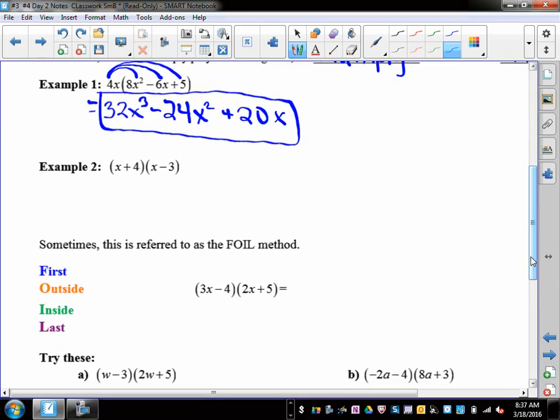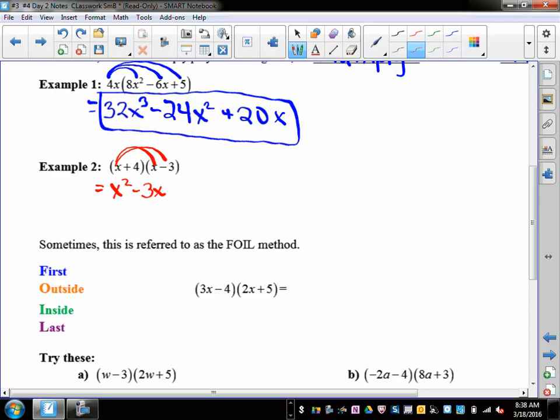Can you guys see this in the back? So I'm going to first distribute my first term. So x times x, which gives me x squared, and x times negative 3, which gives me negative 3x.